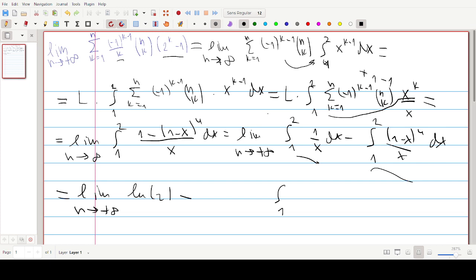Let's consider this integral, from 1 to 2, 1 minus x raised to the power n over x dx. This is less than an integral from 1 to 2, 1 minus x raised to the power n dx. And why is this less?